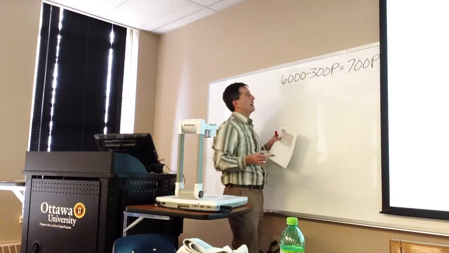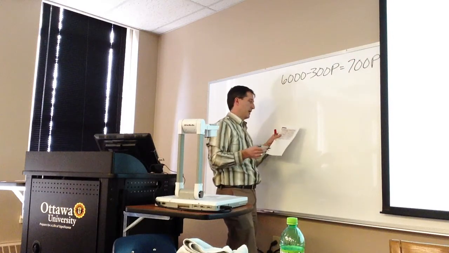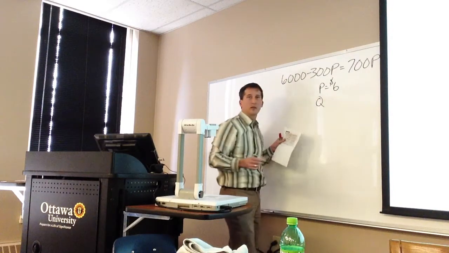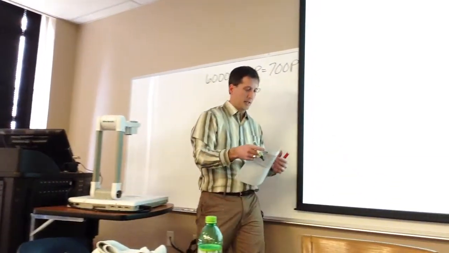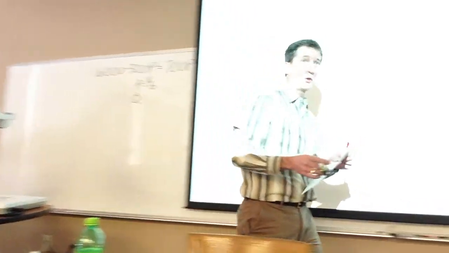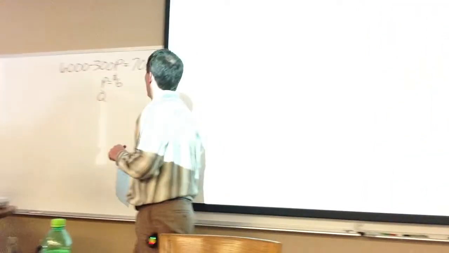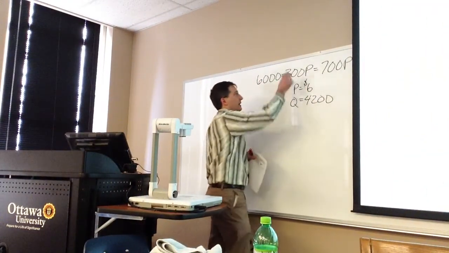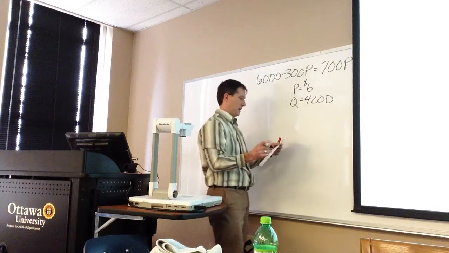So you set industry supply equal to industry demand. We get price equals 6, quantity equals, what do you guys get? 4,200, good. So be careful with the quantities of jars. So 4,200 after substituting $6 back into either one of these functions.